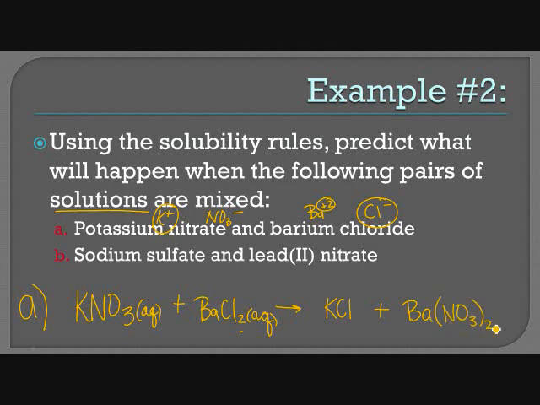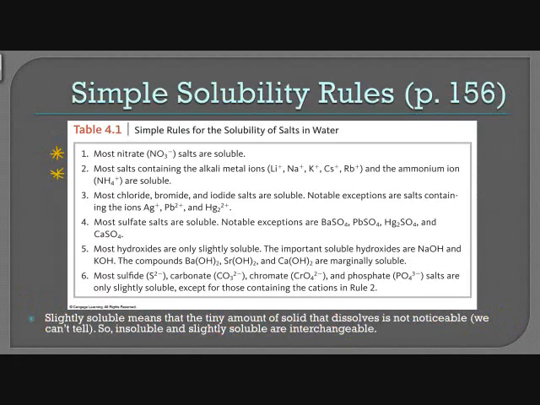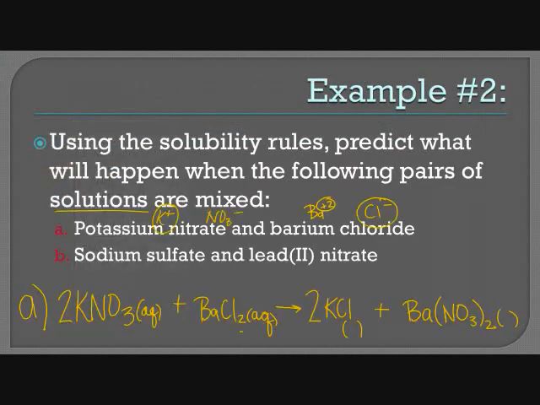Okay, so now by not carrying over the subscript, we have an unbalanced equation, so we do need to balance that, and to do that we would put a 2 there and a 2 there. Last but not least, we want to predict what happens. So basically, are we going to create a solid or not? Looking back at the solubility rules, we know that anything with a nitrate is soluble. So that tells me that the barium nitrate is going to be aqueous.